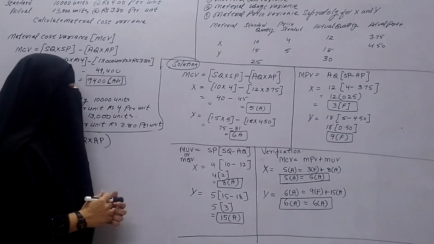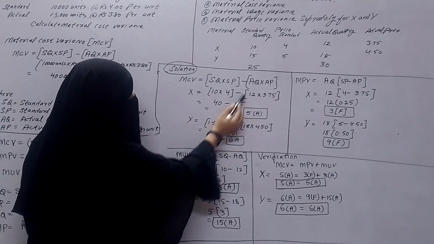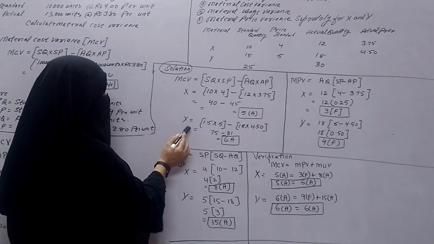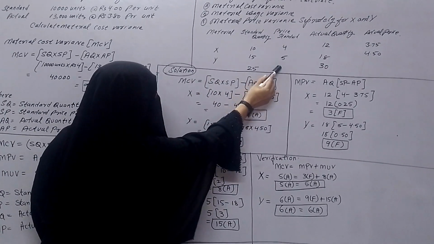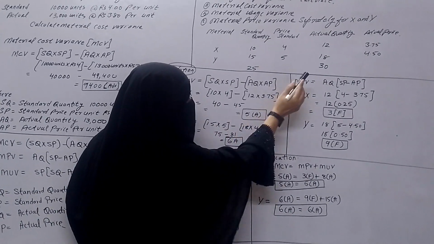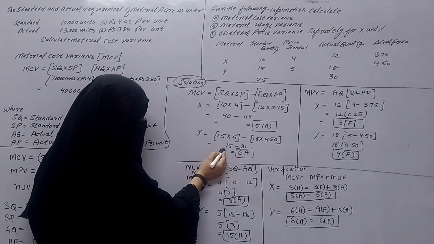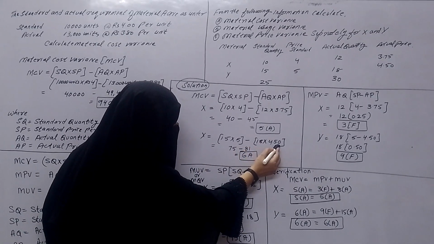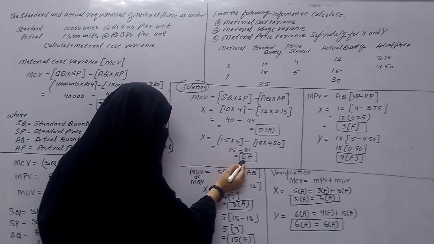Now for Y, the formula is the same, SQ into SP, AQ into AP. The standard quantity for Y is 15 and standard price is 5. Actual quantity is 18, actual price is 4.5. So 15 into 5, 75. 18 into 4.5, 81. 75 minus 81, 6.